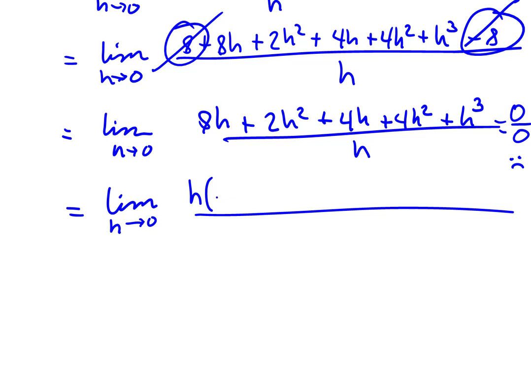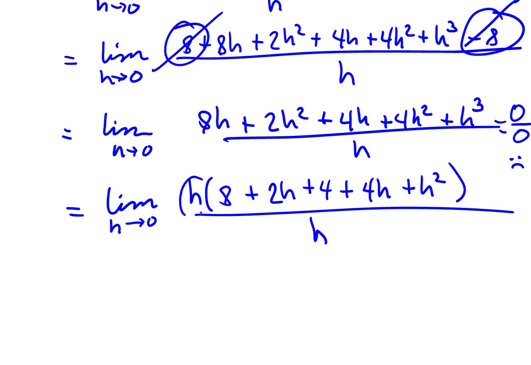That would leave us with 8 plus 2h plus 4 plus 4h plus h squared. And then I still have this h in the denominator, but now the h I factored out of the numerator and the denominator would cancel, which eliminates our problem here.